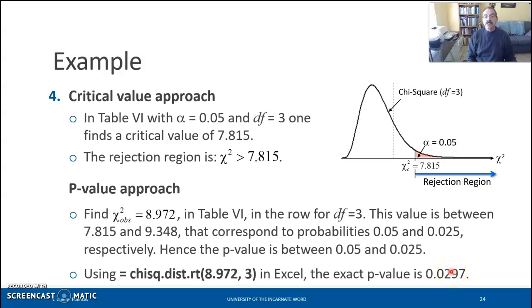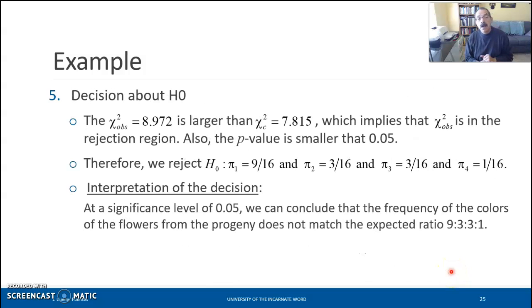All right, with this information, then we move on to the 5th step, where we make a decision about the null hypothesis. And you find that the calculated value of the test statistic at 8.972 is larger than the critical value, 7.815, which is telling you that the calculated value of the test statistic is in the rejection region.